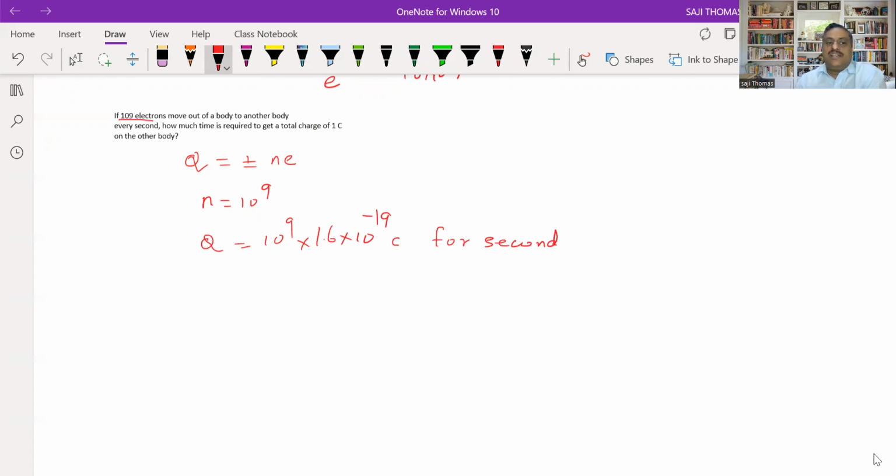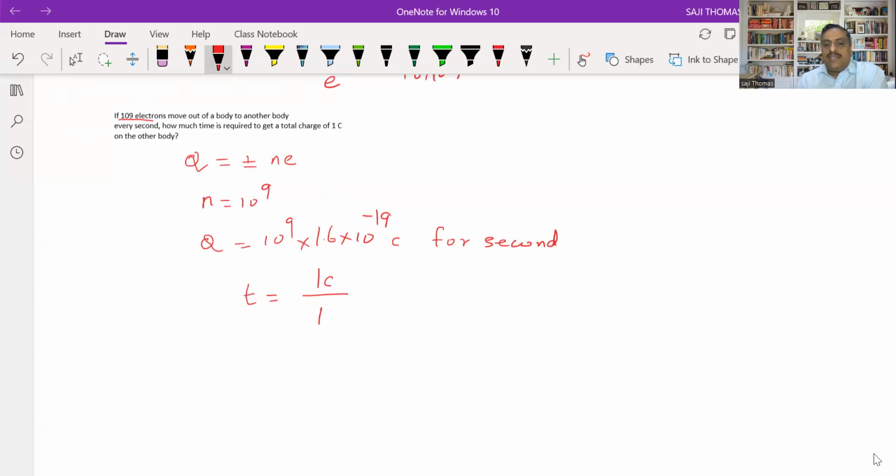What is our question? How much time is required to get a total charge of 1 coulomb? So time. This charge is removed for every second. So what is the time required to get a charge of 1 coulomb? Time is equal to 1 coulomb charge divided by how many charges are removed to the other body in 1 second. So for the other body to get 1 coulomb charge, how much time is required?